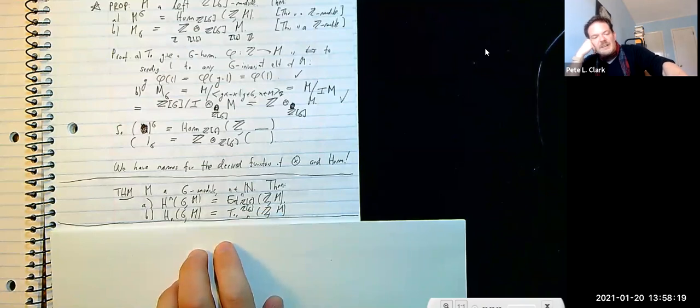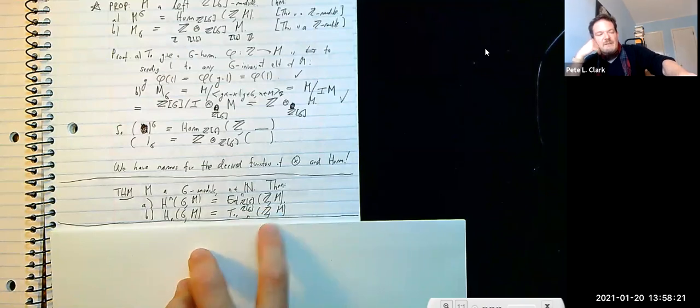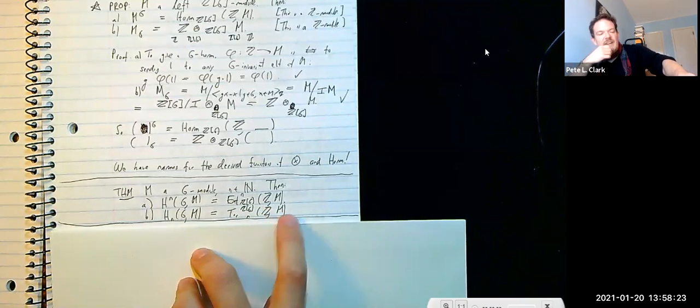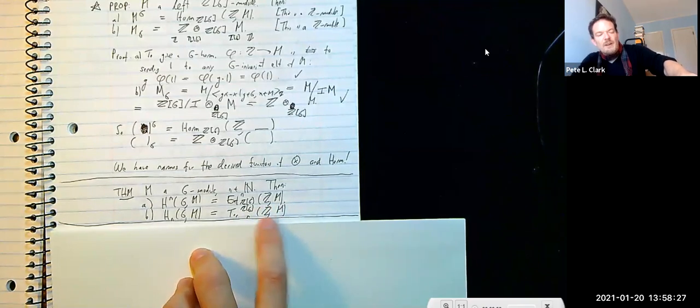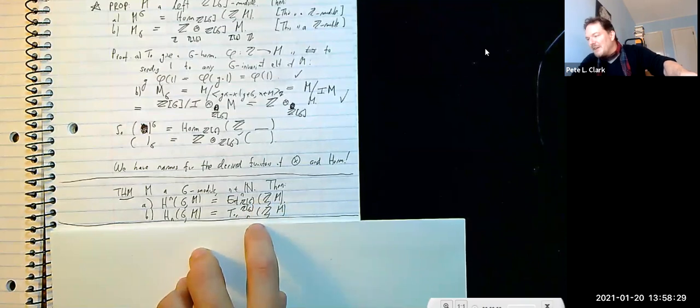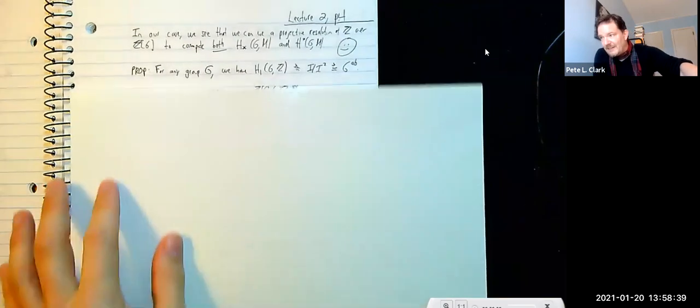I said I could do two things here, but one of those two things was the same thing both times. So in this case, we can use a projective resolution of Z over ZG to compute both the group homology and the group cohomology.